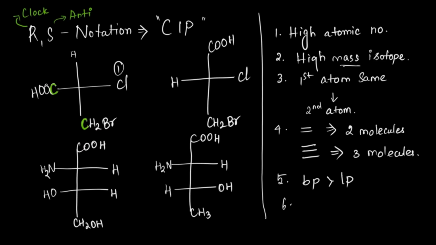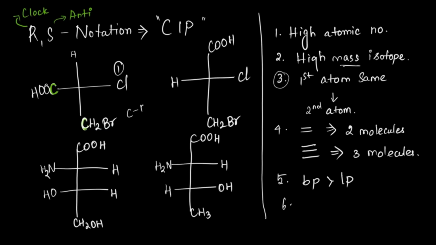Considering COOH and CH2Br, which will get more priority? Both start with carbon, so we have to look for the second atom. That is what rule 3 says, right? Here the second atom is bromine and hydrogen. Don't misunderstand, that is not hydrogen, that is Br.